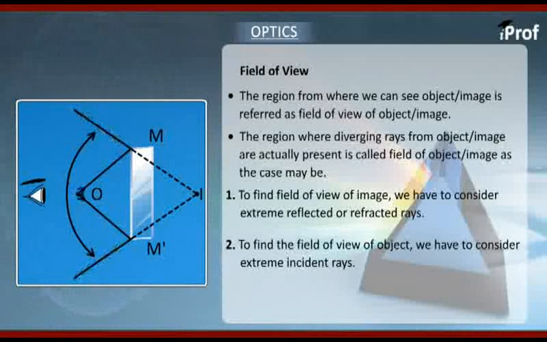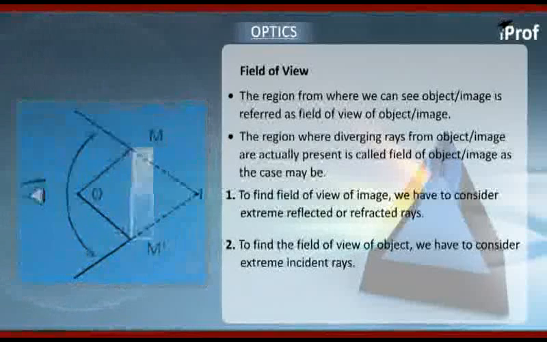Again we have to remember that the field of view of image or object is a region where diverging rays are present, because for image or object to be seen, our eyes must receive these rays in diverging fashion.